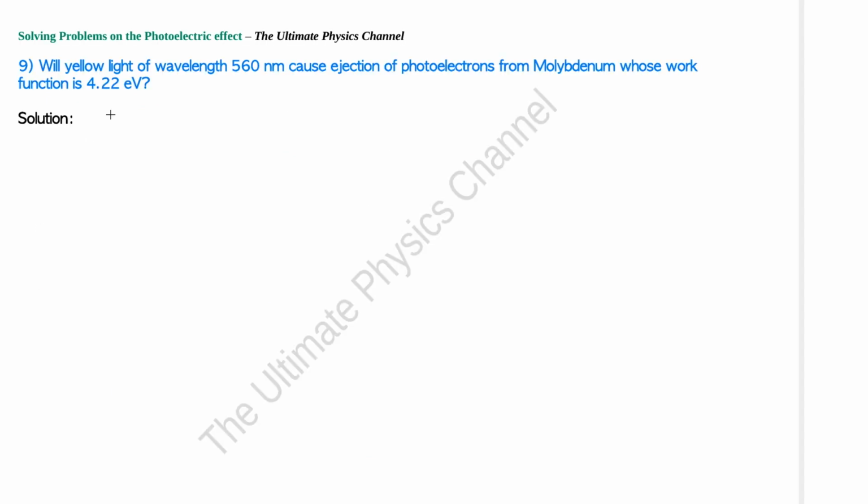Will yellow light of wavelength 560 nanometer cause ejection of photoelectrons from molybdenum whose work function is 4.22 eV?